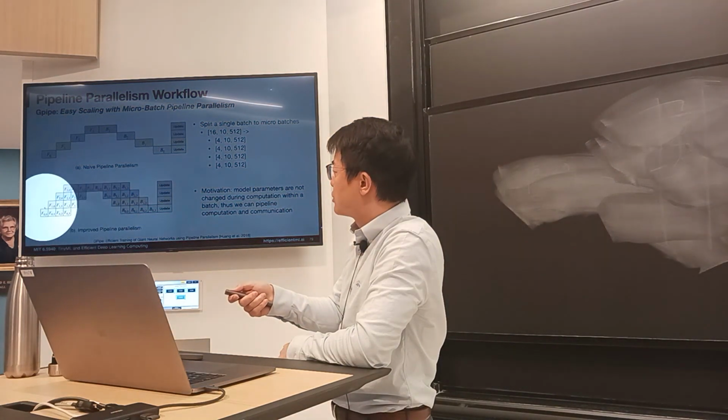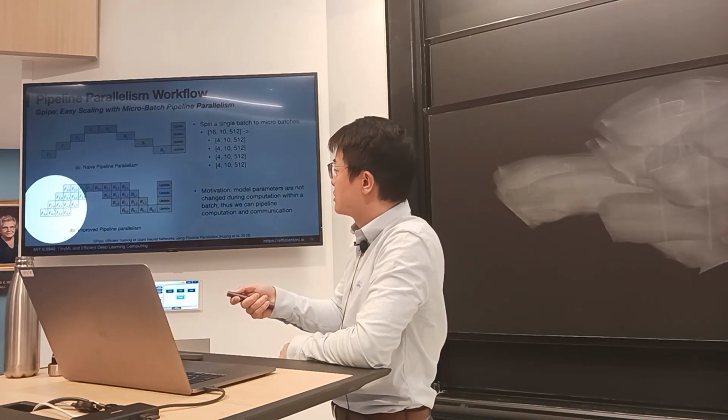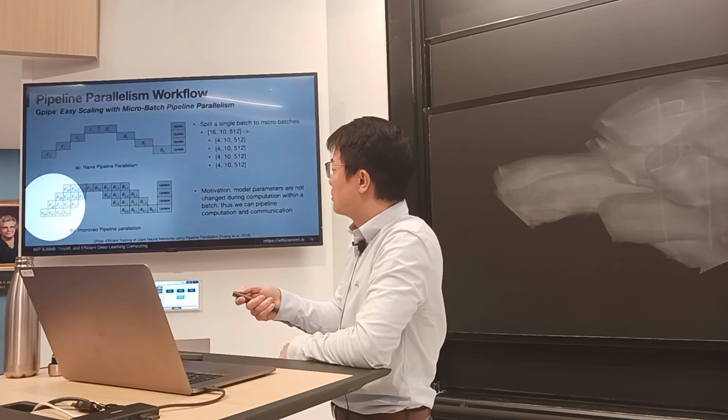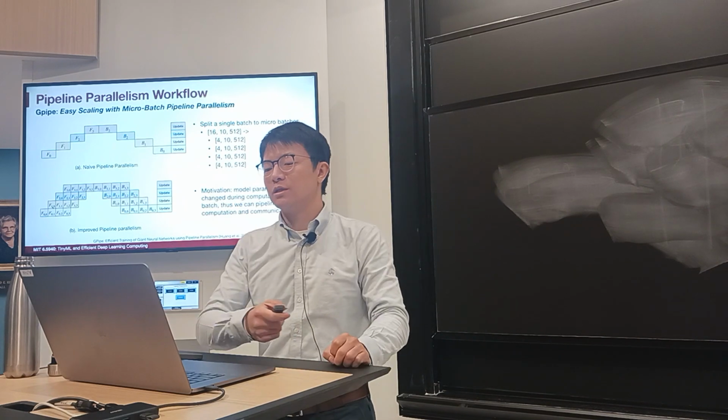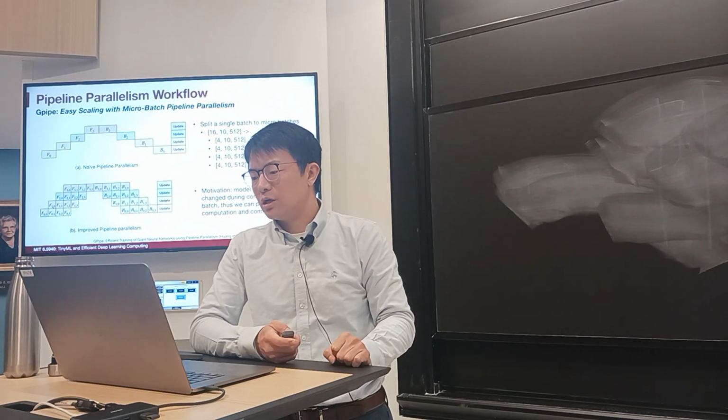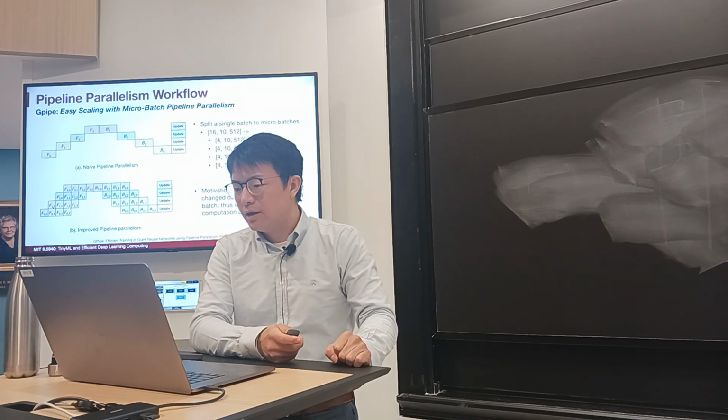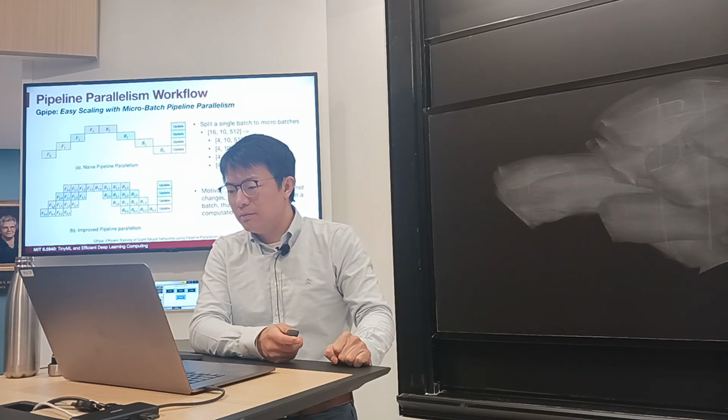After GPU 0 completes F0,0, it can hand over the data to GPU 1 to compute F1,0, and GPU 0 continues to compute F0,1. In this way, the bubble is a lot smaller compared with the naive implementation.